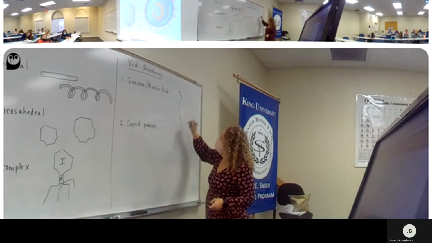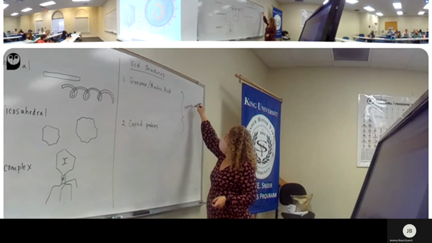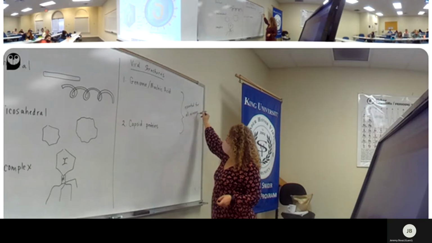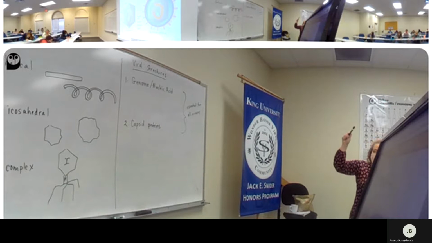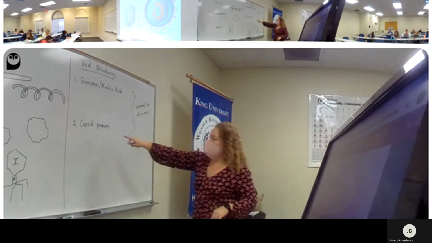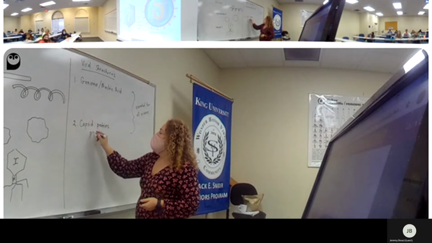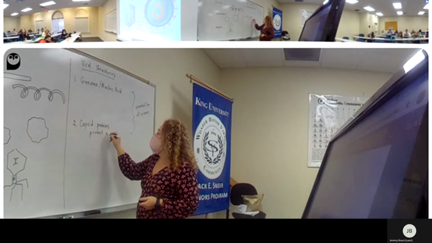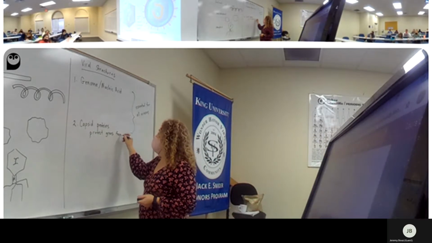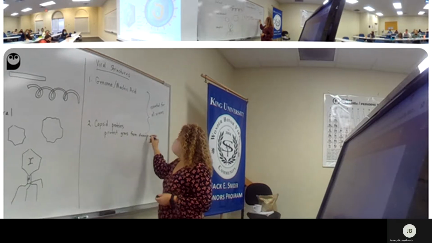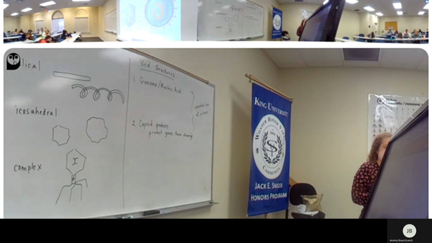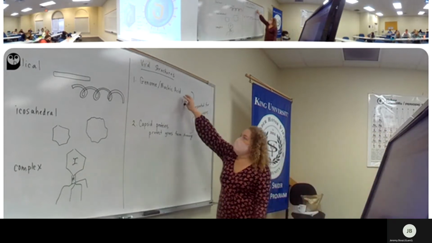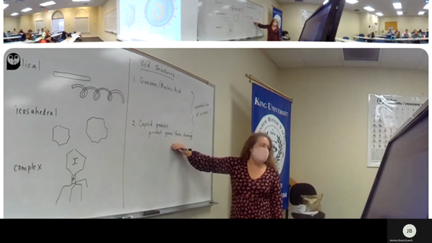These two are essential for every kind of virus that exists in the whole world. It's at least going to have genes, and it's going to have capsid proteins. The point of the capsid protein is to surround the genome and protect the genes from damage. So you've got gene information and then some proteins to protect that.